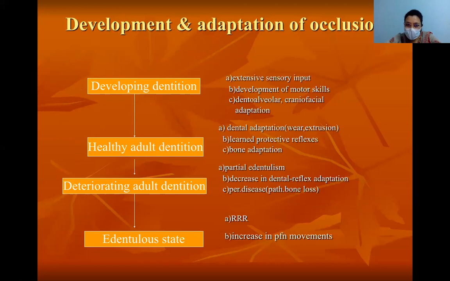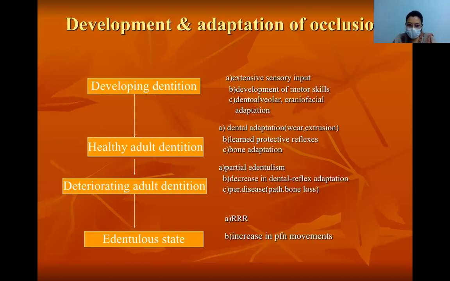The development and adaptation of the occlusion can be explained with the help of this chart diagram, which says that the developing dentition has extensive sensory input, development of motor skills, and dental-alveolar and craniofacial adaptation. Then we get what is known as the healthy adult dentition, in which dental adaptation, where an extrusion is there, learned protective reflexes develop, and bone adaptation also develops.